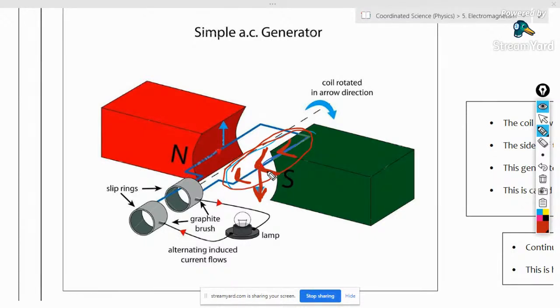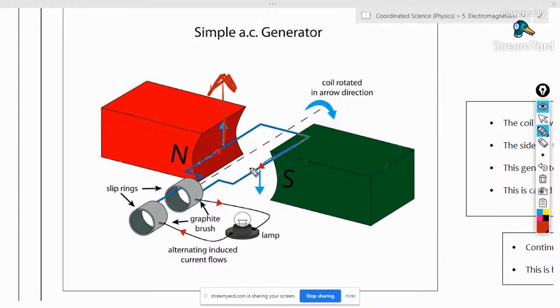Now, just think for a second, what will happen when this piece of wire rotates? Because remember, this thing is spinning right now. 180 degrees later, when this part of the wire moves over to this side, let's think about what happens. Now instead of moving down, all of a sudden it's moving upwards.